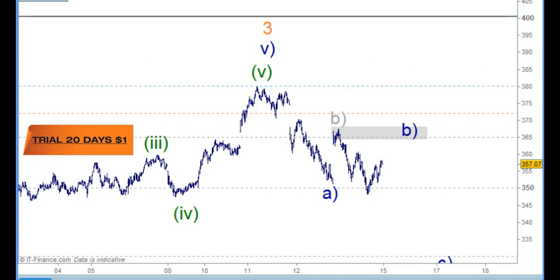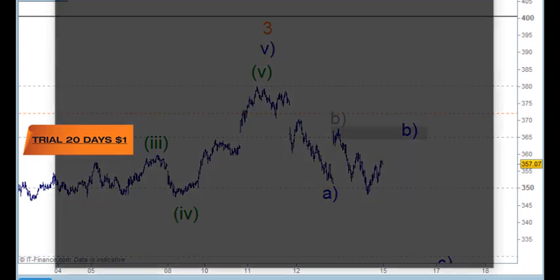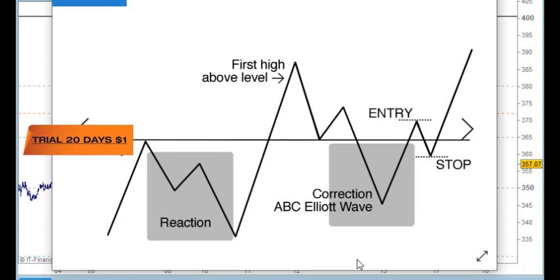In terms of getting the right corrective pattern to go to the upside, we'd need to see the market arrive at say 365 or 370, flicker around and do its thing, and then eventually find support on the level. That's what we'd be looking for: nice tested support after a nice correction.